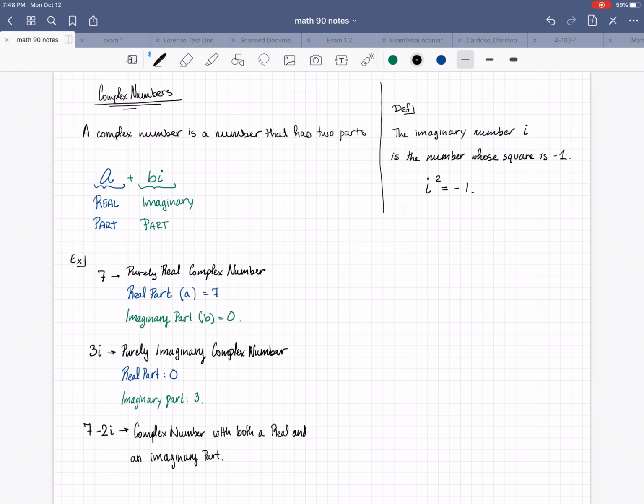Okay, so the real part here is 7, and the imaginary part is -2. Okay, so I really hope that I can encourage you to think of complex numbers as sort of these two-part things, real part, imaginary part, a and b. And I want us to be thinking about this when we start talking about the basics of working with complex numbers.